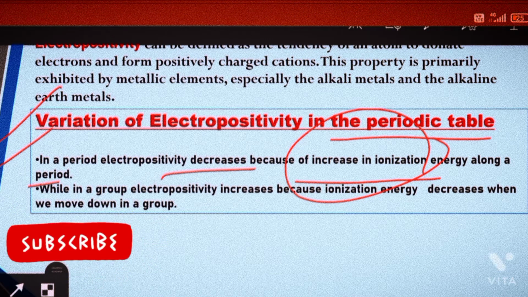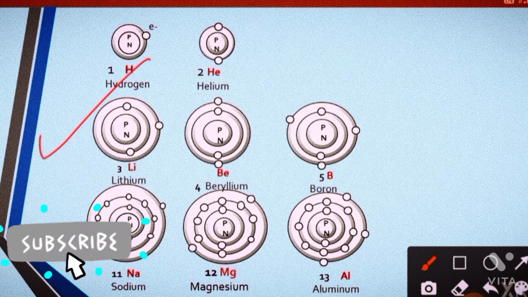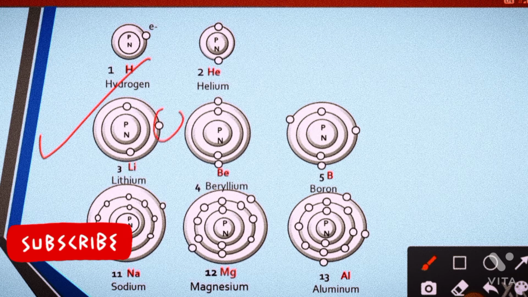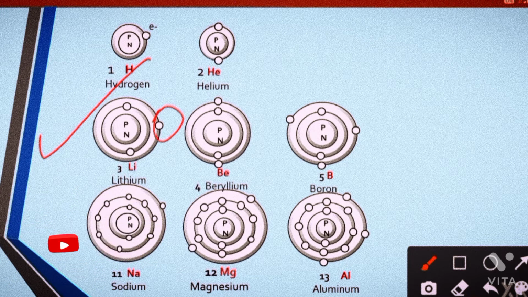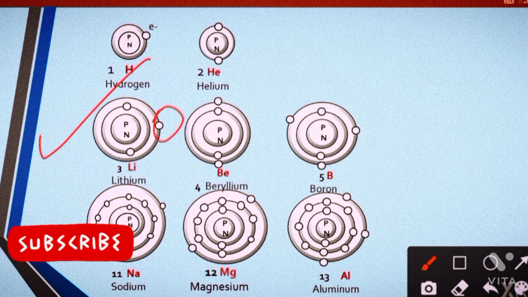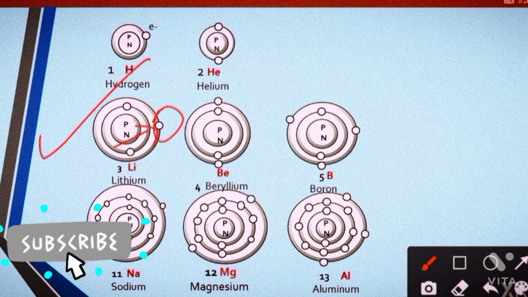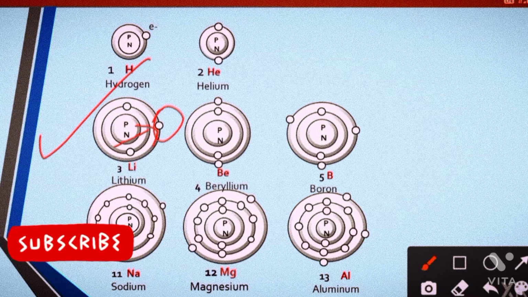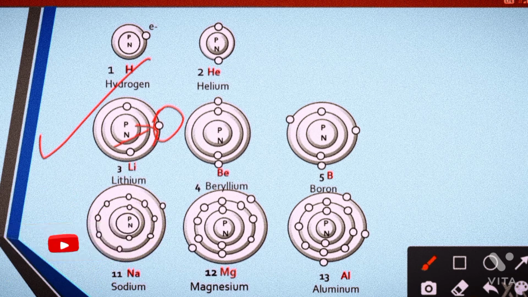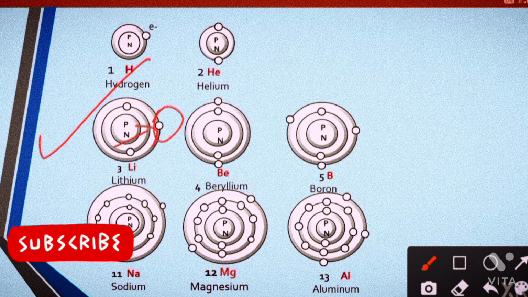Okay, suppose here is the lithium atom. We talk about the lithium atom. In the lithium atom's outermost shell there is one electron. Now this electron is pulled by the nucleus due to some nuclear charge, nuclear force.